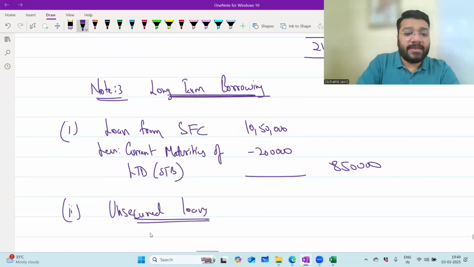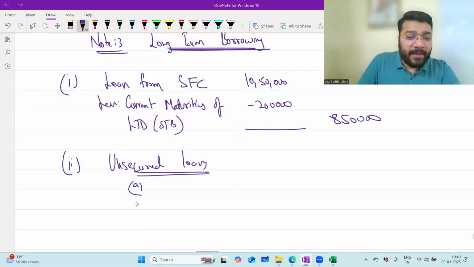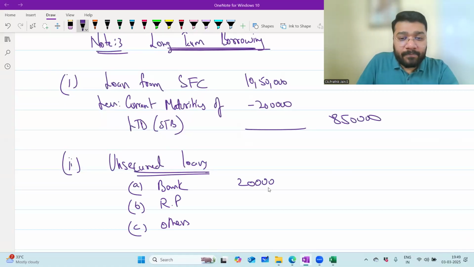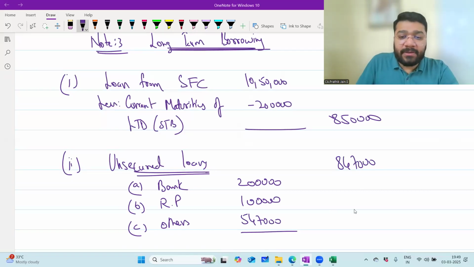In that we have A, B, C, 3 categories. A is bank, B is related parties, C is others. So write in the inner column 2 lakh, 1 lakh is related parties, and 5 lakh 47,000 rupees. Total how much? 8,47,000.